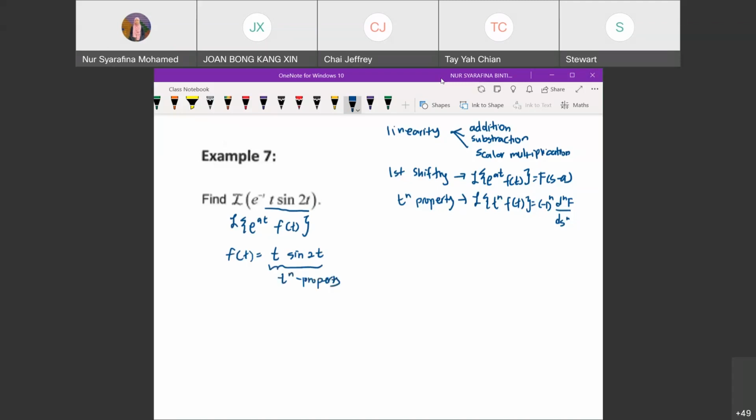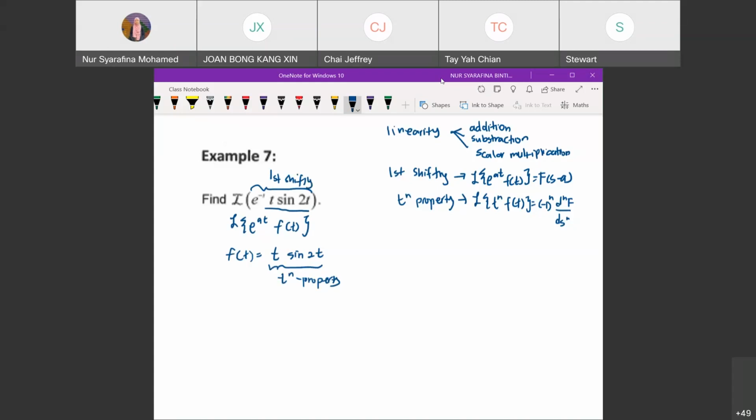Initially it is first shifting. Once we simplify to e^(at) f(t), you know that f(t) is t sine 2t, and this t sine 2t is the t to the power of n property. So you need to do it one by one.